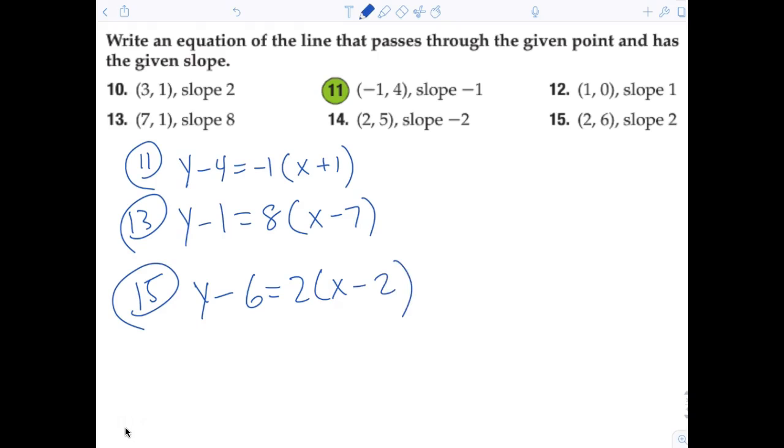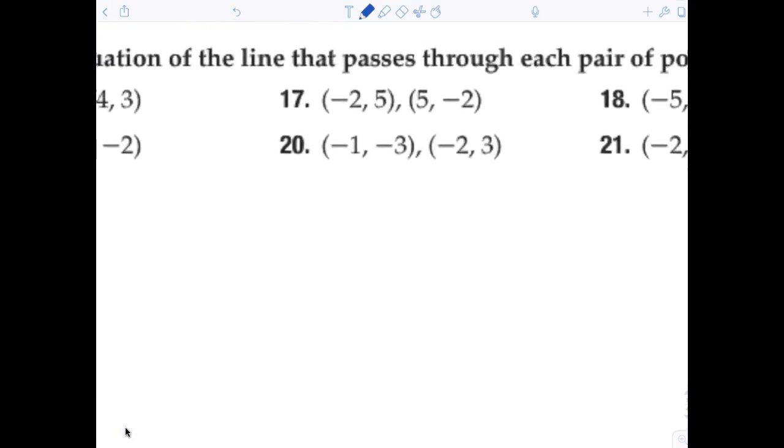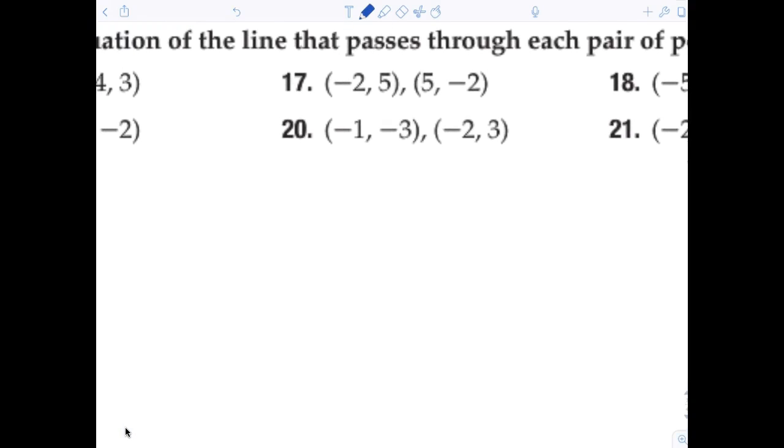Look how simple, guys. Everybody agree with me? Come on, that's really easy. Really simple. All right, let's do the next one. Carson, why don't you help me out? What's wrong with 17? What do I have to do?